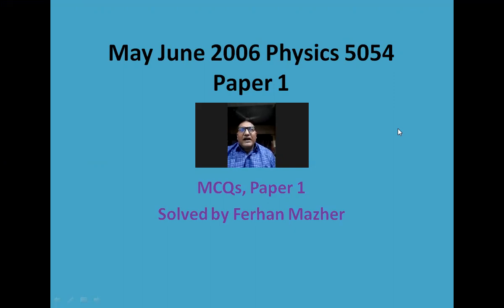At that time there were no variants, so we can say this is variant 2. So let's start this paper, and this is an MCQ paper. There are 40 MCQs. You have to attempt all of them, and the time allowed is 1 hour. So let's start this paper.